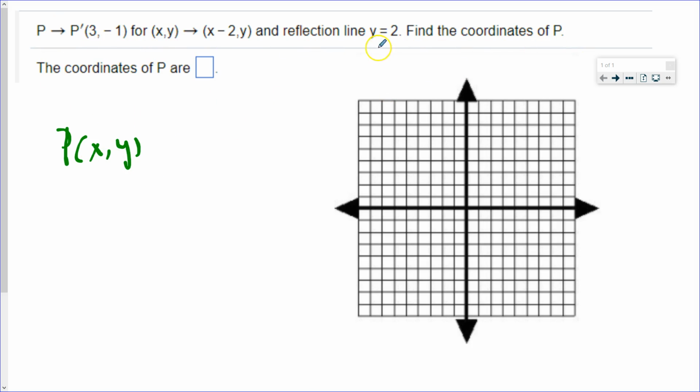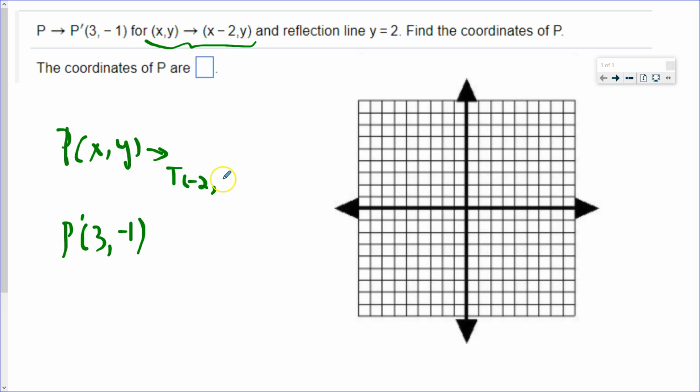After a couple of transformations, it ended up with something called P prime, (3, -1). All right, so what are the two transformations they are talking about? Starting with P, you pick your x, y, you do a translation with x equal to -2 and y equal to 0. So the very first one is doing a translation of -2.